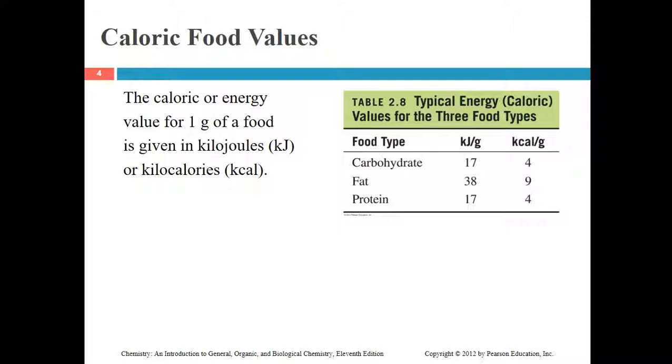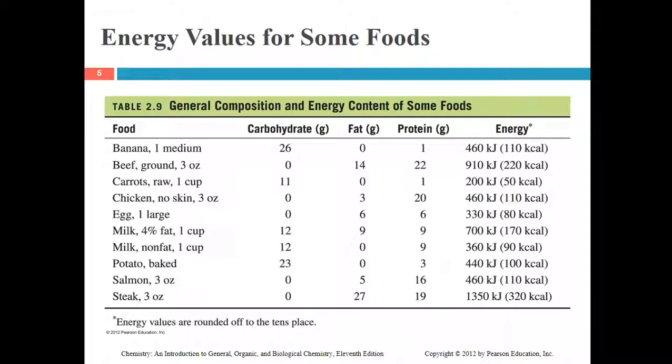And fat is like twice as much. It's 9 kilocalories per gram, or 9 big calories per gram. And protein is the same amount of calories per gram as carbohydrate. And of course, when I said that, I meant kilocalorie or big C calorie.